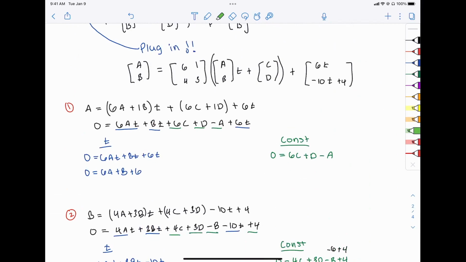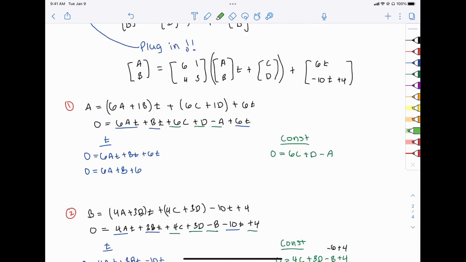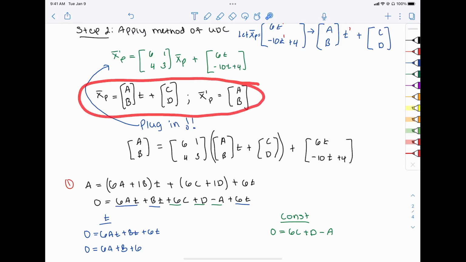So now we go back. And this is where a lot of people kind of forget, well, I just did all this work, I found the way that my particular solution should look.